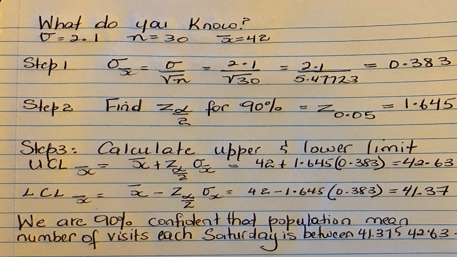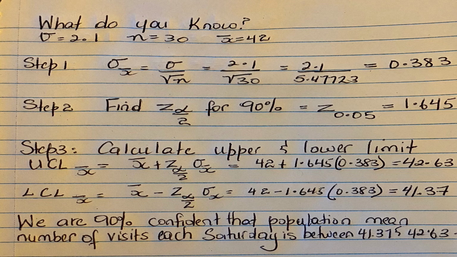Step 3, it's easier. I'm just calculating my upper and lower limit. I'm taking my mean, and then I'm going to add my z critical times my standard error of the mean. And for my lower control limit, I'm doing the same, but I'm subtracting. So let's do the upper control limit. 42 plus 1.645 times 0.383.